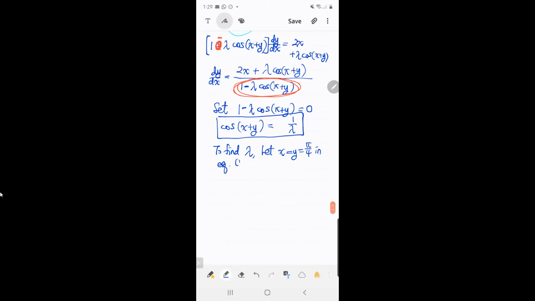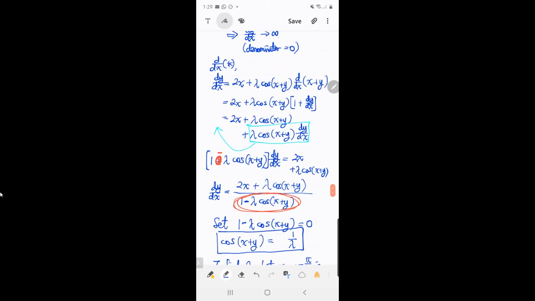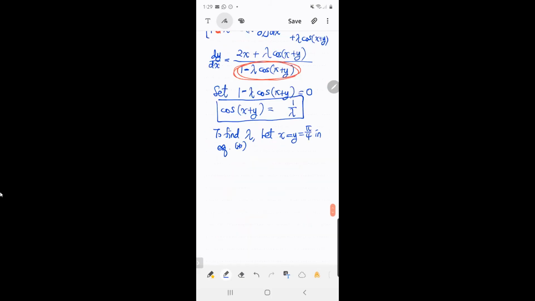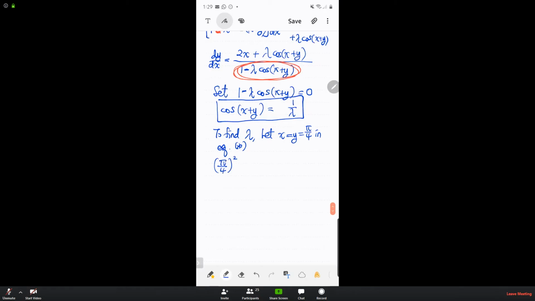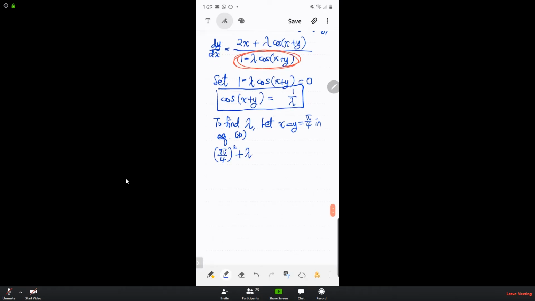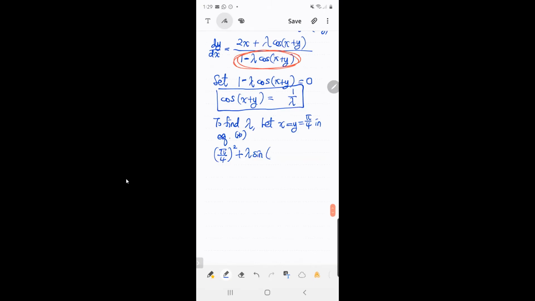So in equation star, you have x squared, so you have pi over 4 in the bracket squared, plus lambda sin(pi over 4 plus pi over 4), and this is equal to pi over 4. So the part in the cyan box is sin(pi over 2), and this will give you the value 1.